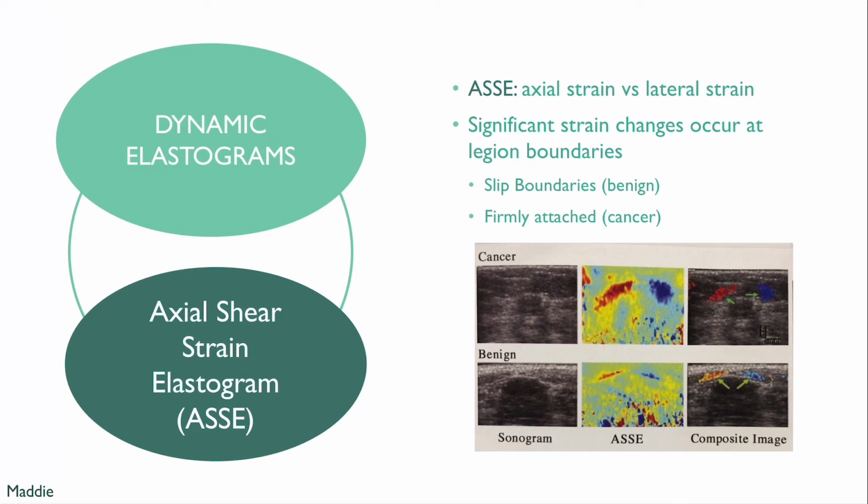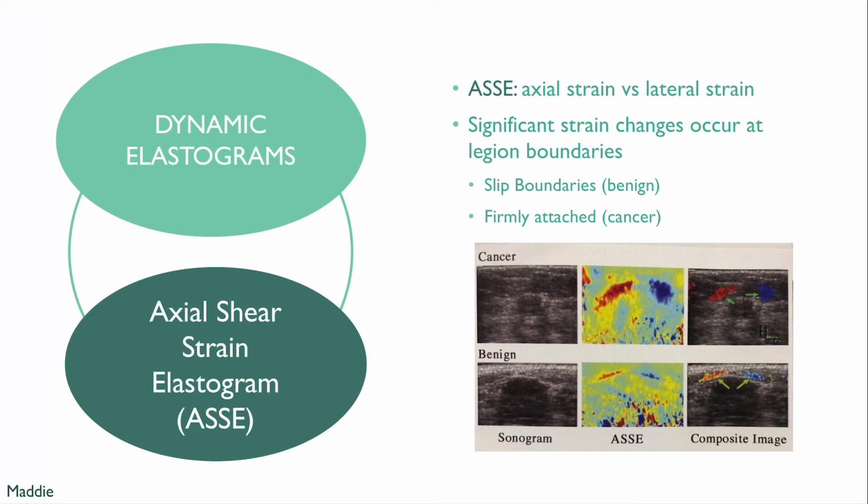As a constant force is applied to the lateral dimension, we measure the strain values that occur in the axial dimension. Around a lesion of different stiffness, either softer or stiffer tissue, high strain changes will occur at that boundary. This technique makes it easier to distinguish between diseases that may appear similar on a regular sonogram, as you can see in the photo.